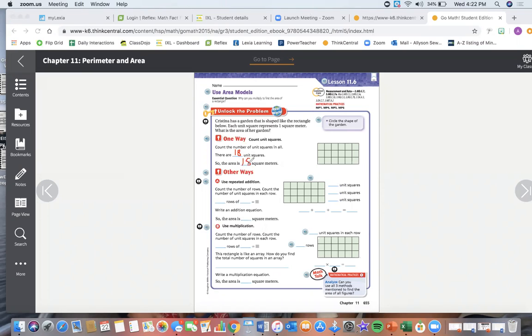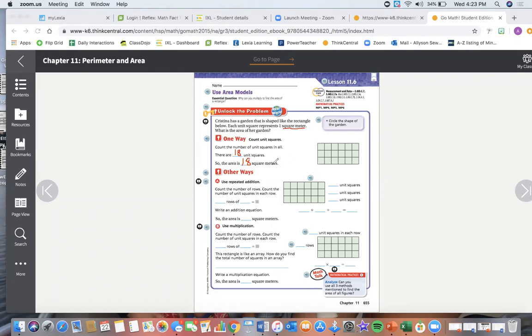Square meters might sound different to you, but it is square meters because that is what Christina is measuring her garden in. Sometimes in a word problem, they might say that they're measuring in inches or centimeters or square inches, or square feet. So it's important to pay attention to what the problem is telling you it is being measured in, because it could be marked wrong if you're supposed to label it.